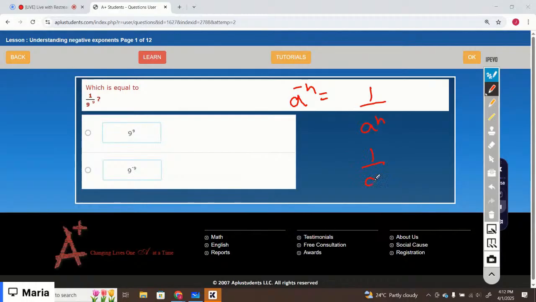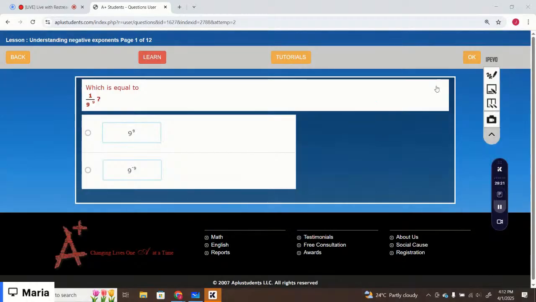If you have 1 divided by 9 exponent 9, you can write it as 9 exponent negative 9. Got it? So option number 2 is the correct option.